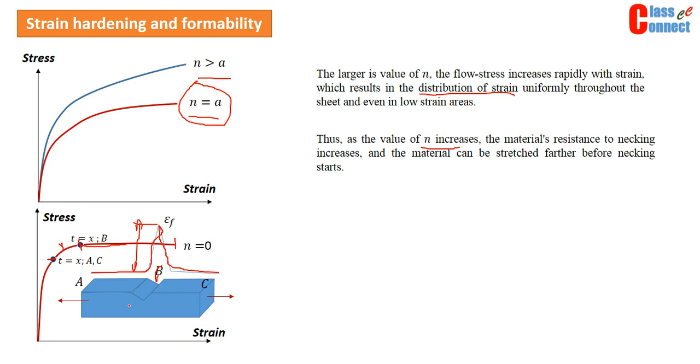So for this type of component, when the n value is 0, meaning we have a straight line, the deformation in B suddenly takes place, and finally it reaches the maximum value of strain that is possible. So a component made of such a material, where n is equal to 0, cannot be deformed with uniform strain.